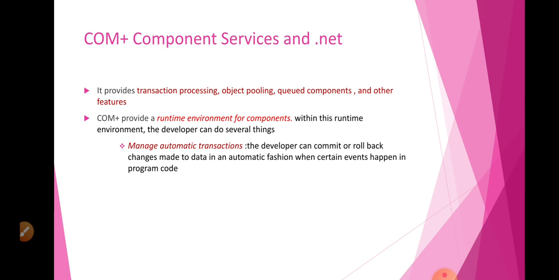Rollback means there will be a change in a transaction. That will be done automatically in our COM+ runtime environment. That is, the developer can commit or roll back changes made to data in an automatic fashion when certain events happen in program code. The rollback or commit is done based on the events that happen in program code.